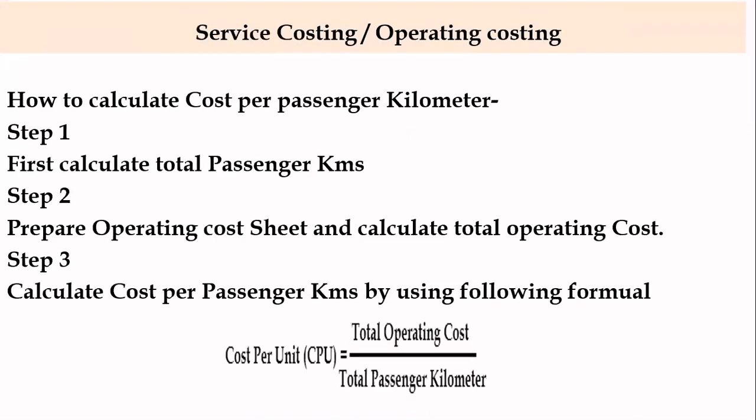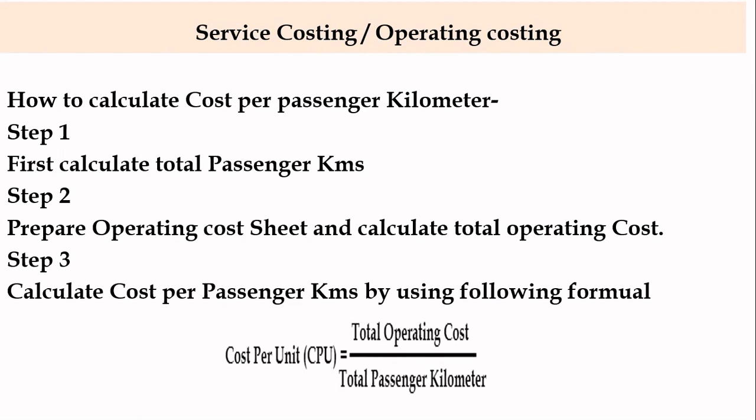Before going to solving the problem, let me tell you a few steps regarding calculation of cost per passenger kilometer. The very first step is that you have to calculate total passenger kilometers. In my last session, I told you how to prepare passenger kilometers.